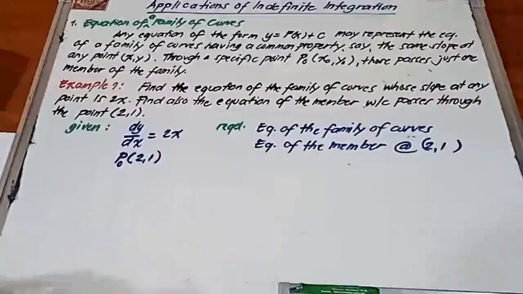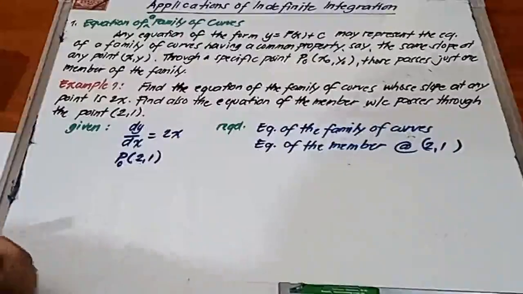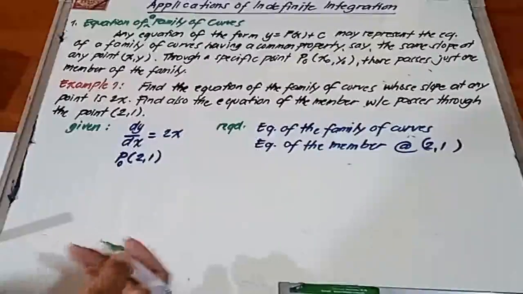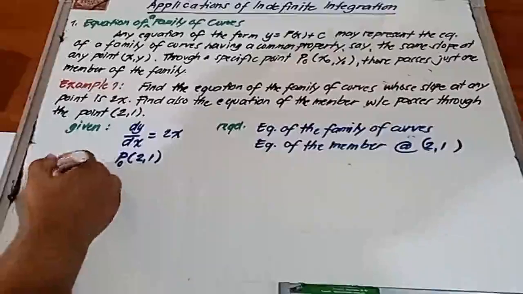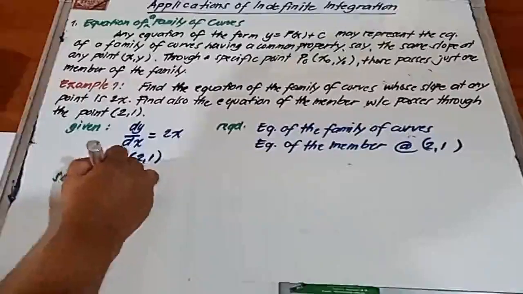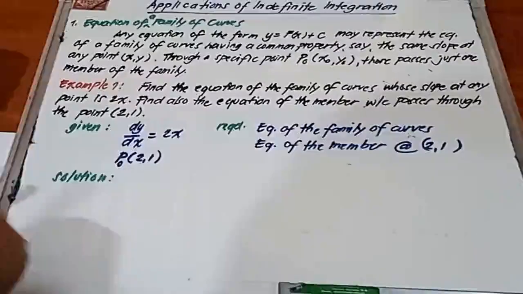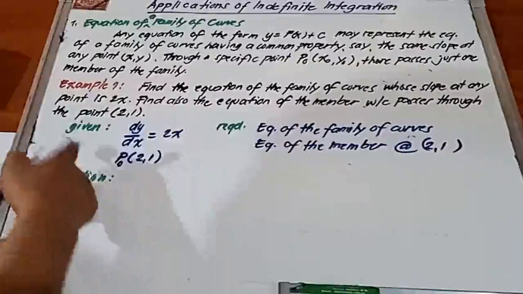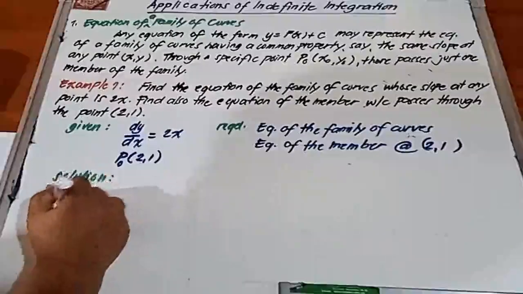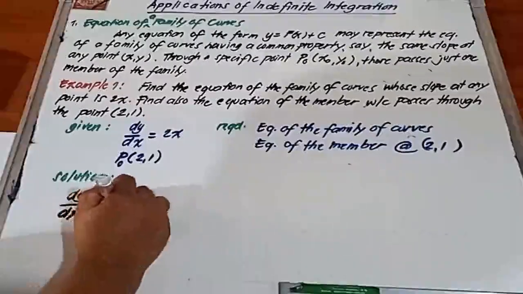Okay. So, paano natin masosolve ang problem na to? Gagamitin natin yung concept ng differential equation doon sa aking first video. Okay? So, paano ba masosolve yan? Simple lang, by separation of variables. Okay? So, from the given slope, we have dy over dx is equal to 2x.